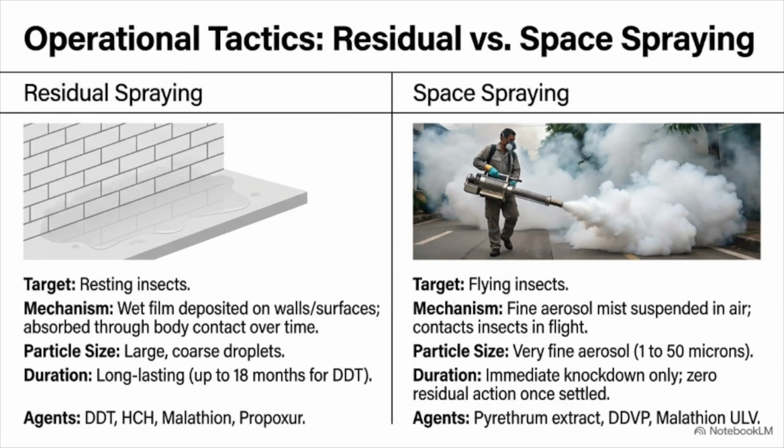Space spraying targets flying insects using a fine aerosol mist suspended in the air that contacts insects in flight, using very fine aerosol particles of 1 to 50 microns, providing only immediate knockdown with zero residual action once settled, using agents like pyrethrum extract, DDVP, and Malathion ULV.